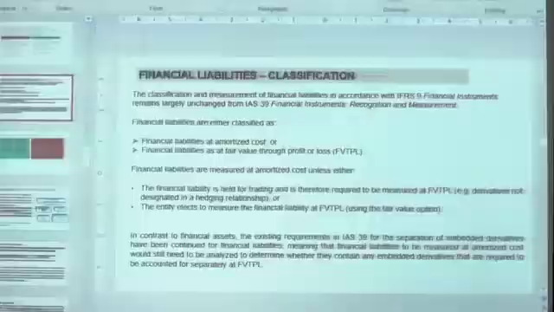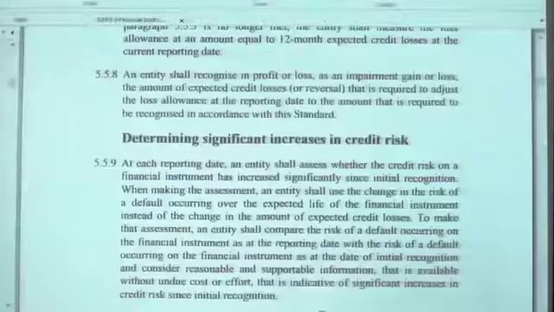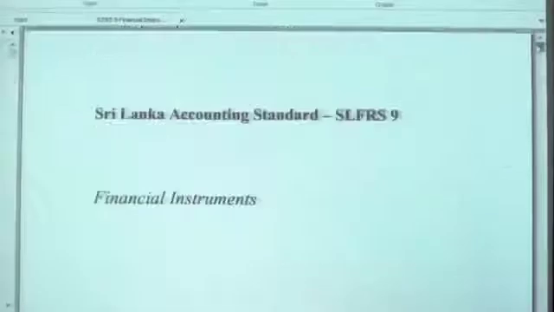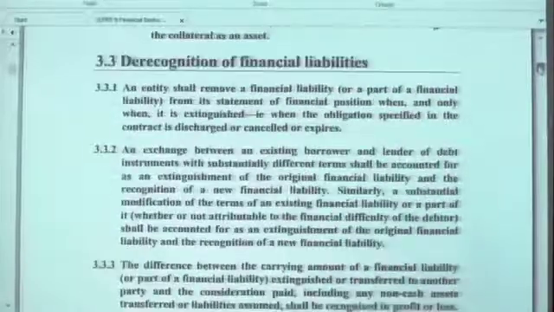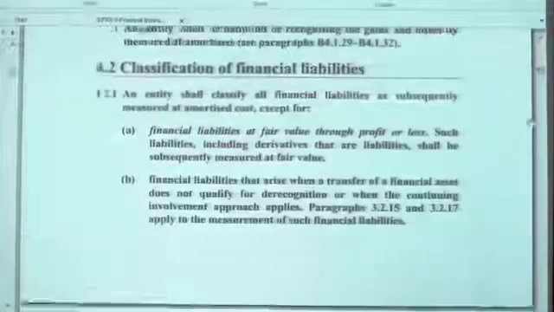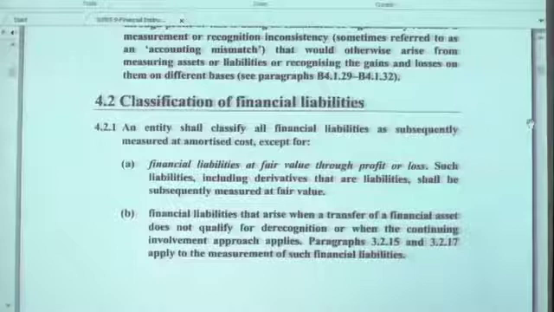Better to summarize that paragraph. Take chapter 4.2. 4.1 is financial asset, 4.2 financial liabilities, right, classification of financial liabilities.